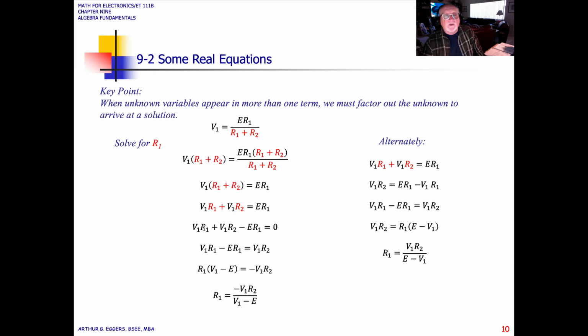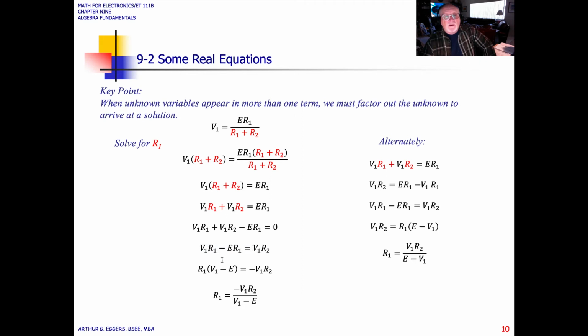So I have V1R1, that's a keeper. V1R2, that's going to the other side. Minus E R1, that's a keeper, equals 0. So now if I subtract this term from both sides, I will end up with V1R2 on one side and V1R1 and the R1 values on the other.